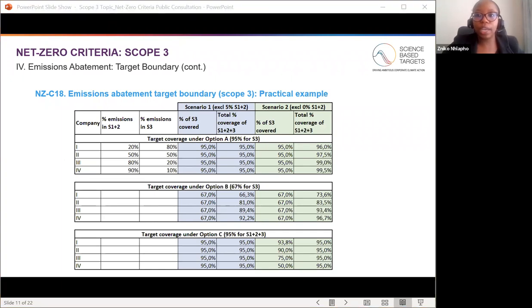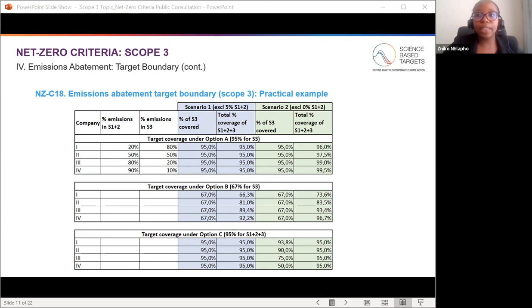So let's look at a practical example of version A, B, and C for Criterion 18 to determine the minimum scope 3 emissions abatement boundary coverage.